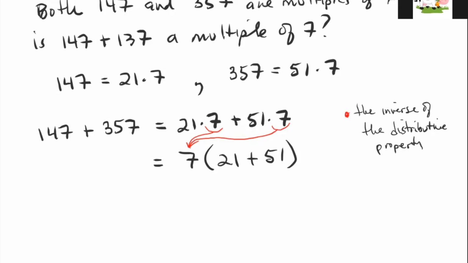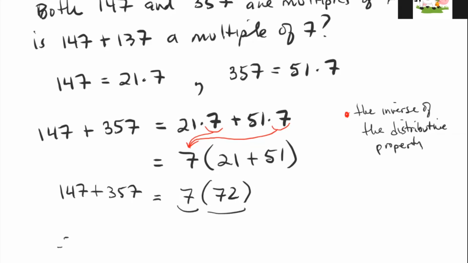The reason why this is important is I could say that this is equal to 7 times the sum of 21 and 51, which is going to be 72. And if I can show that 147 plus 357 is equal to 7 times some number, that must mean that 147 plus 357 is a multiple of 7. Can everybody see that? 147 plus 357 is equal to 7 times some integer.